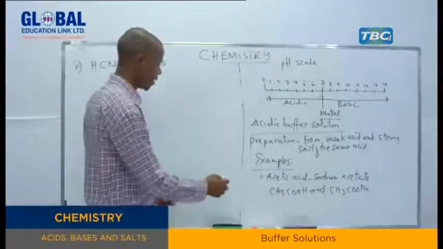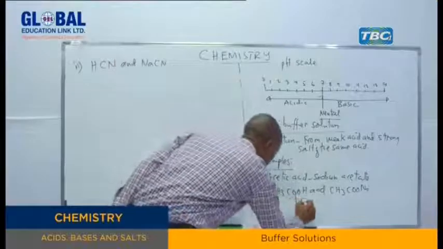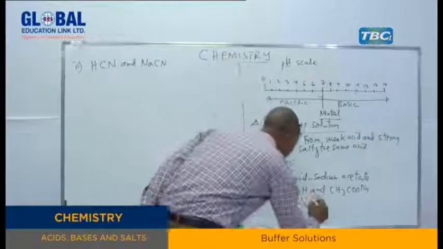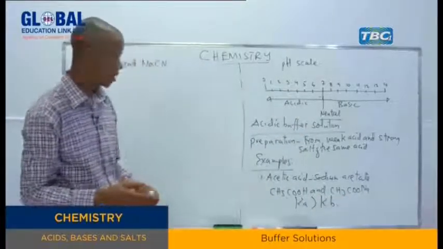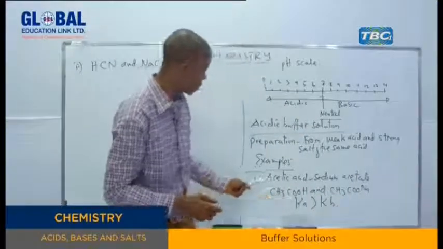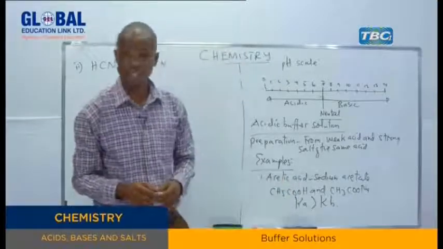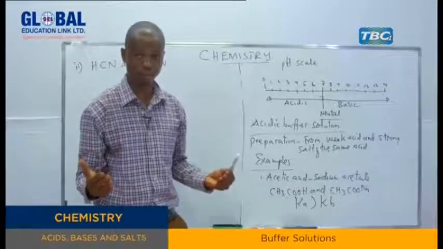So when you compare, the ionization constant for this acid is greater than the ionization constant for the base. This makes this mixture acidic. So it is very simple from there.